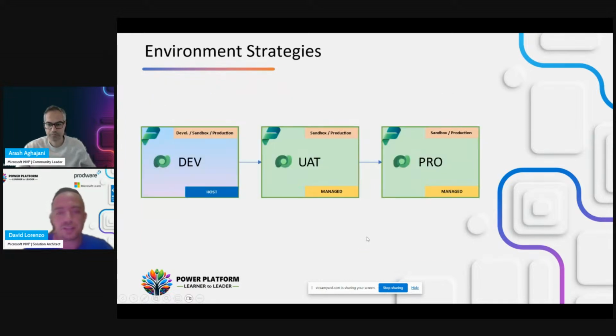So if we go back to here, in order for a user to deploy from dev to UAT without being a system administrator, the user must have the deployment pipeline user role. We have to share the pipeline with that user. And then we have to give them permission to export solutions from dev and import solutions into UAT.